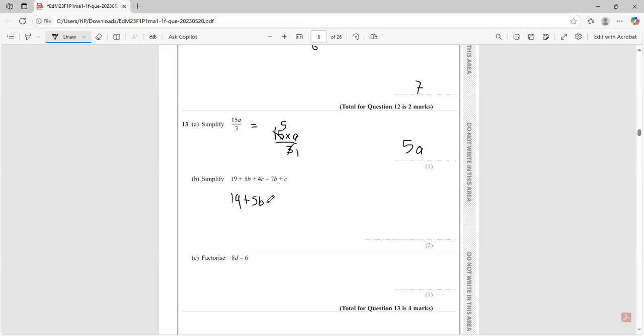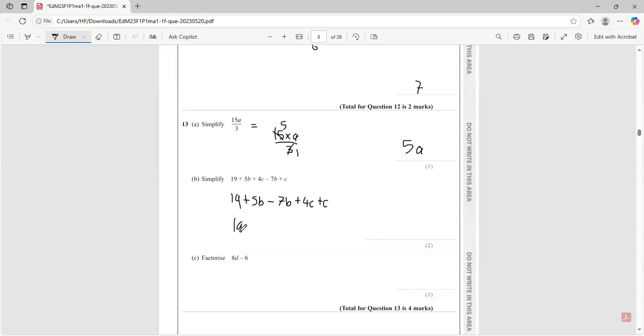I'm going to collect the like terms straight away: 5b minus 7b, and 4c plus c. I'm not going to skip steps, but because time is not really a friend right now, I'm left with 19.